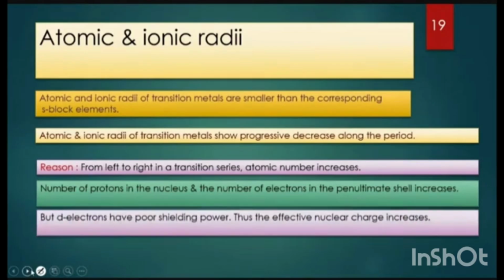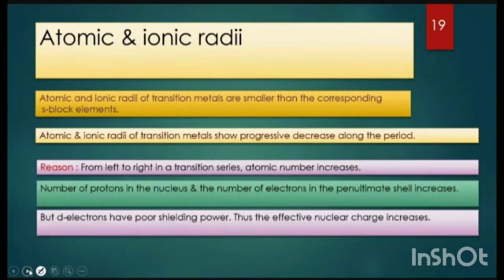And remember, these electrons have to be accommodated in the inner d orbitals after filling the outermost s orbital. But d electrons have poor shielding effect or poor shielding power. Thus, effective nuclear charge increases. When there is an increase in the number of electrons in the d orbital, the d electrons have poor shielding effect.